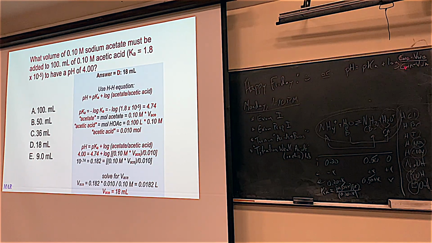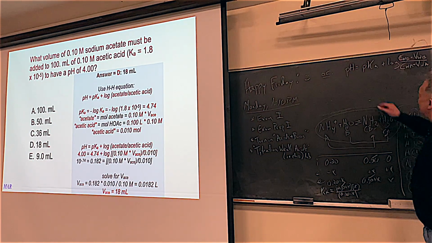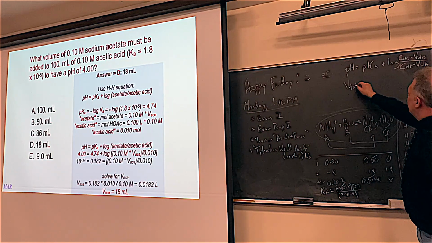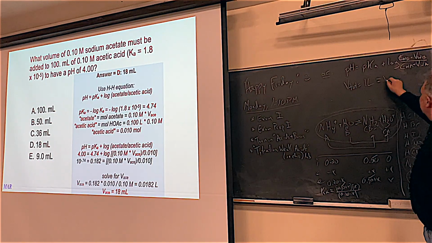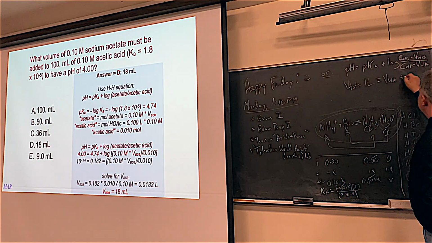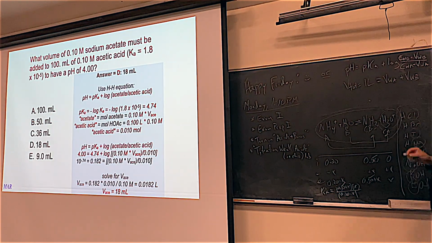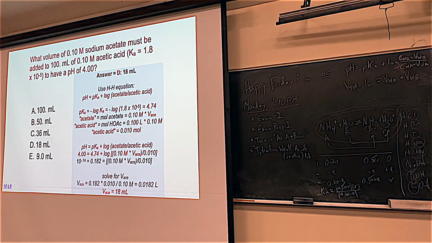In this case, these concentrations are equal, so you can cancel them out. That only works, of course, if the concentrations are the same. The reason I'm bringing this one up is one of the exam prep questions says something about your total volume of a buffer having to be 1 liter. And that means that the volume of the weak acid plus the volume of the weak base is going to equal a liter.